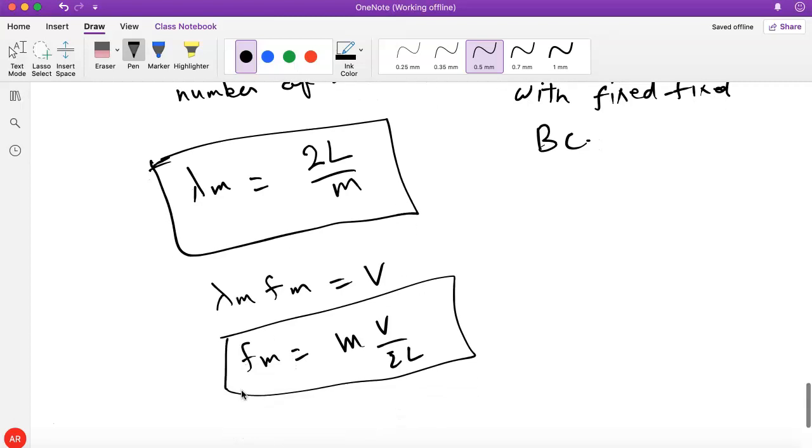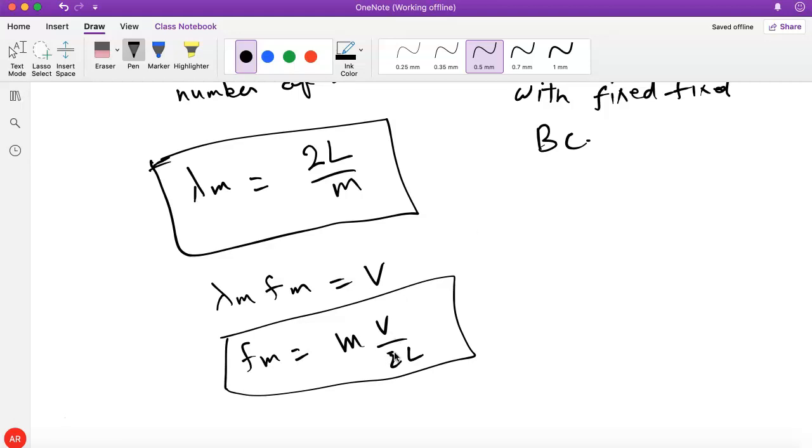So it turns out if you have a string that's pinned at both ends, and you want to generate some standing wave pattern, and you want to drive one point of it, and then you have these reflections bouncing off and interfering and giving rise to that interference pattern corresponding to the standing wave, you need to have the right frequency.